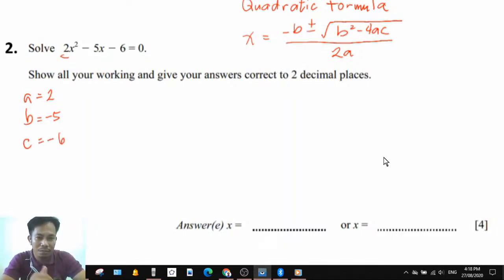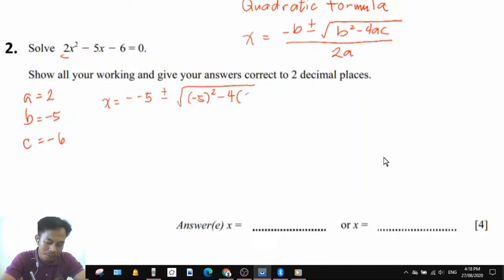So I'll change the B to negative 5, so it will become x is equal now to negative negative 5 plus or minus square root of negative 5 squared minus 4 times A is 2, C is negative 6.